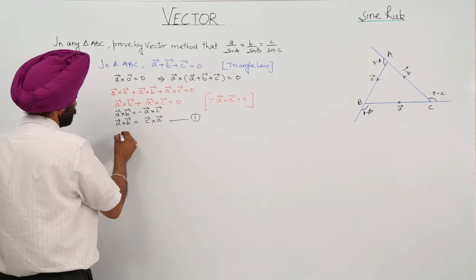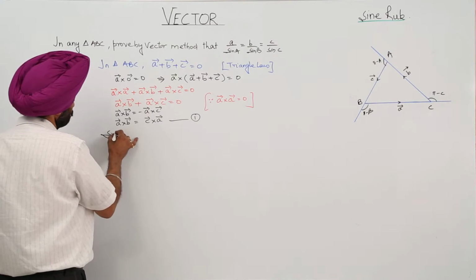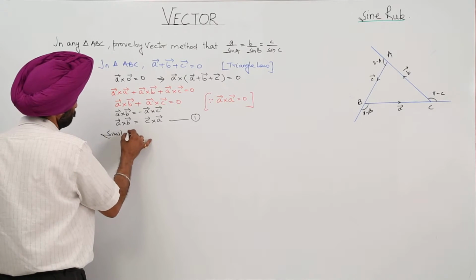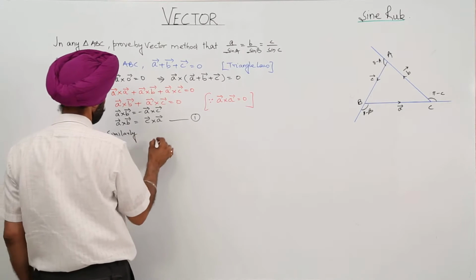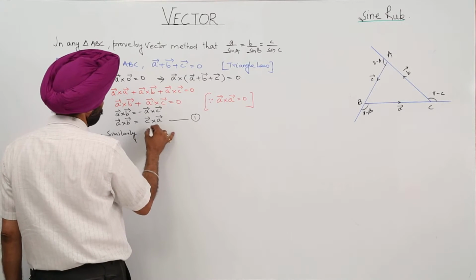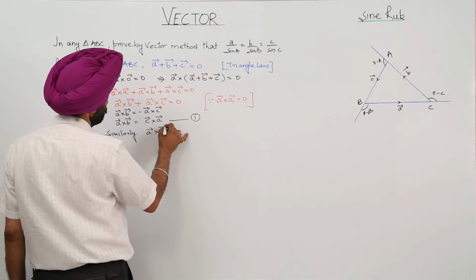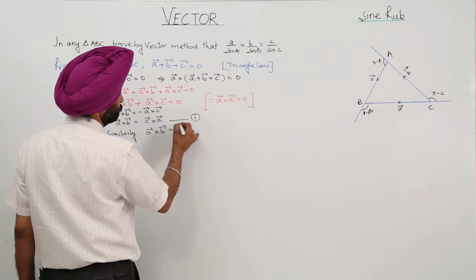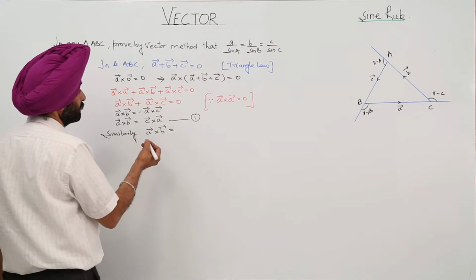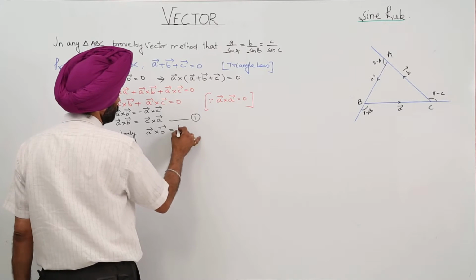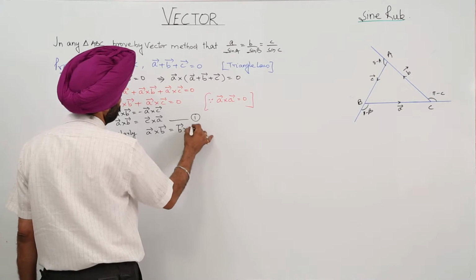Now similarly, vector a cross vector b is equal to vector b cross vector c.